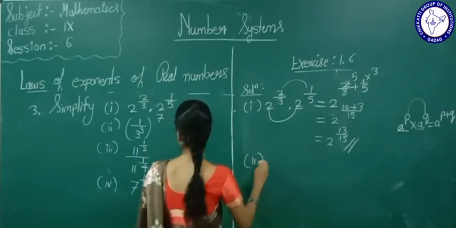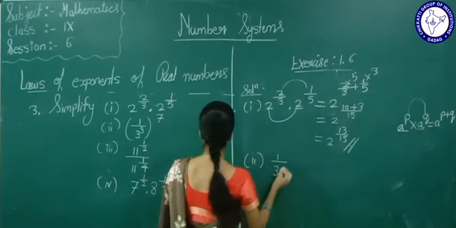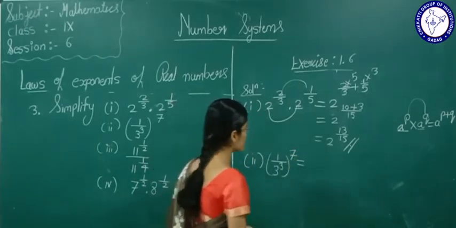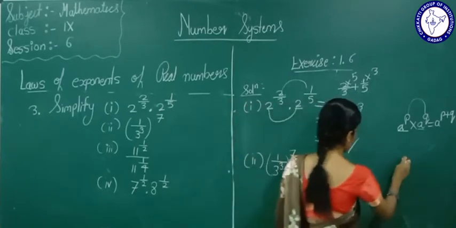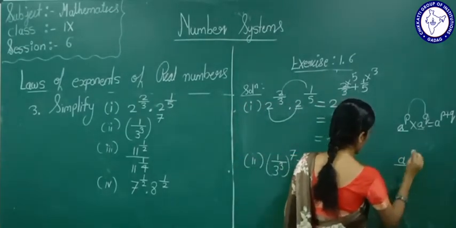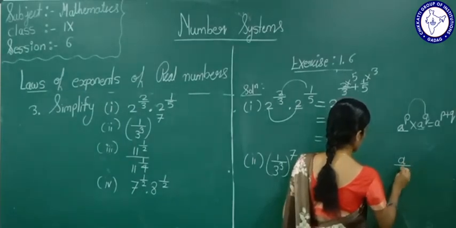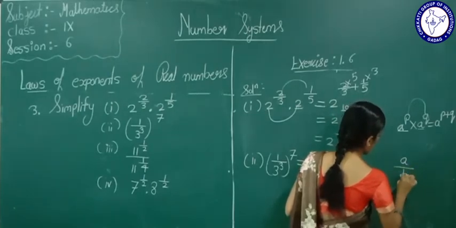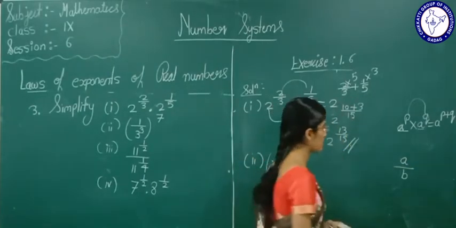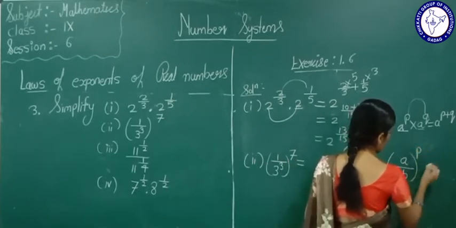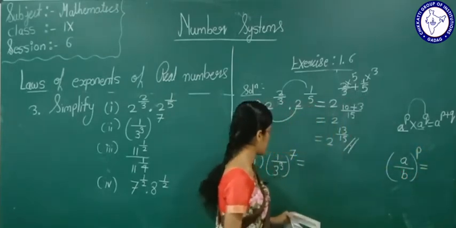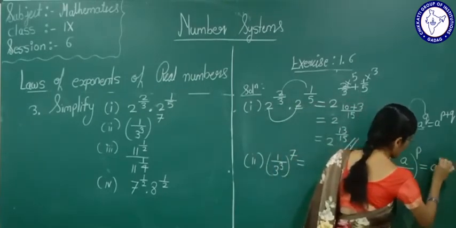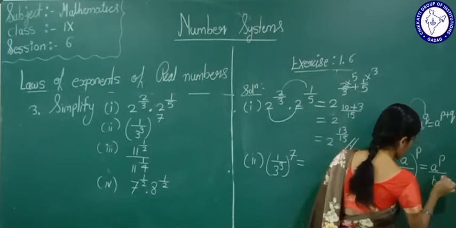So second one here, 1 divided by 3 raised to 3 raised to 7. So this can be written as, now see here, if I write a divided by b raised to p, this can be written as a raised to p divided by b raised to p.